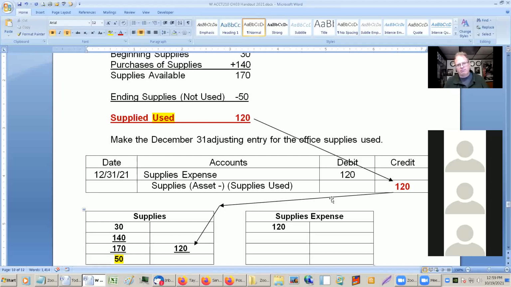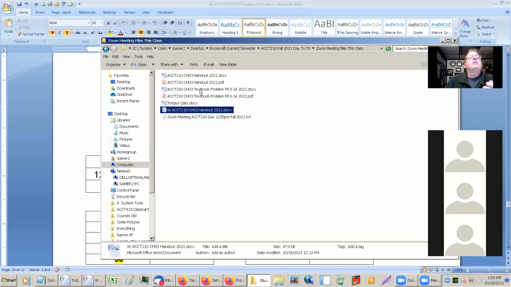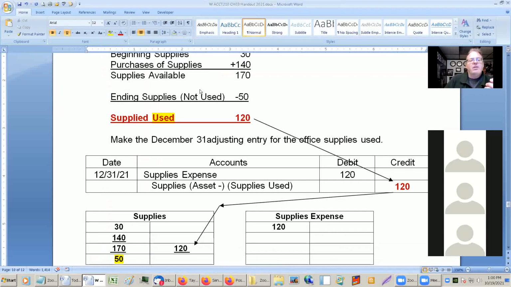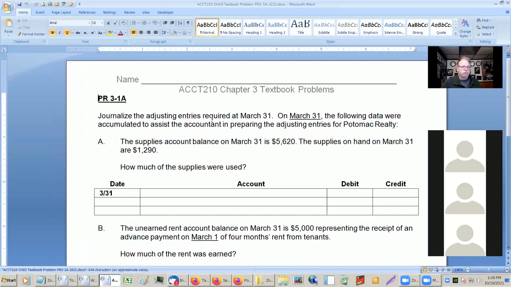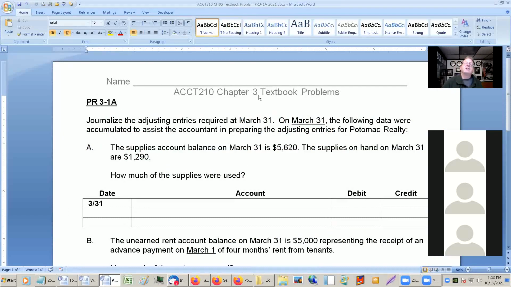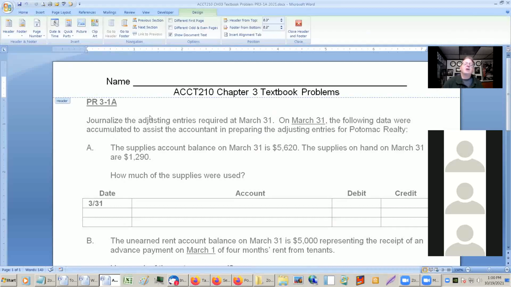Okay, I think we'll go ahead and do the problem. PR3, I think I sent it out just recently. I'm sorry, 3A1. This one. I should have labeled the top of this PR.